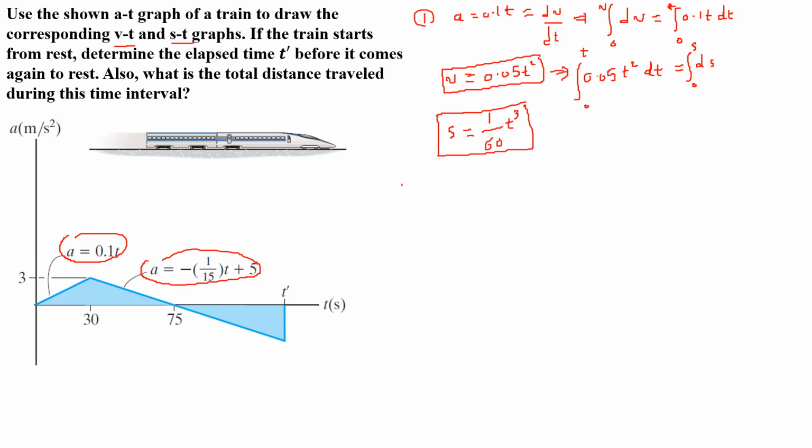Now for the second interval, when we have a equals negative 1 over 15 t plus 5. Okay, so now we'll find also the velocity. We'll have the integration of dv from 0, or now let us hold on a second, right? Now the velocity here is no longer 0, right? The starting point at this point. Let us see what that will be.